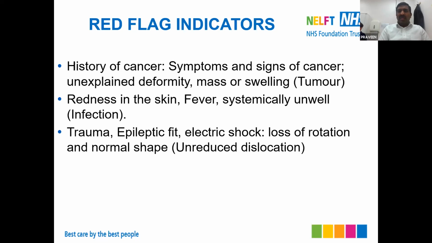If the patient is unwell with fever, or systemically unwell, all this would indicate infection. The other red flag would be patients who had trauma, an epileptic fit, or an electric shock, and are exhibiting loss of rotation or movement in the shoulder, and you can visibly see a shape that is not normal, and this could indicate an unreduced dislocation of the shoulder.